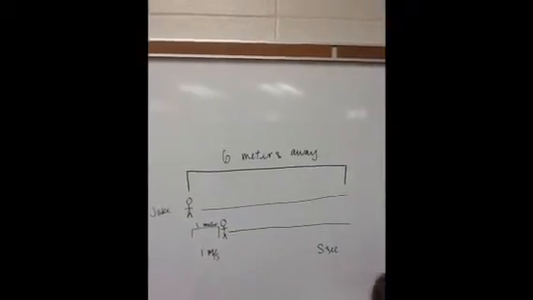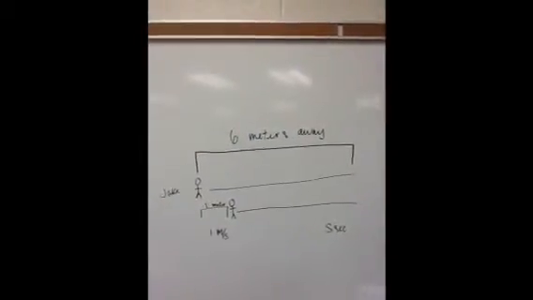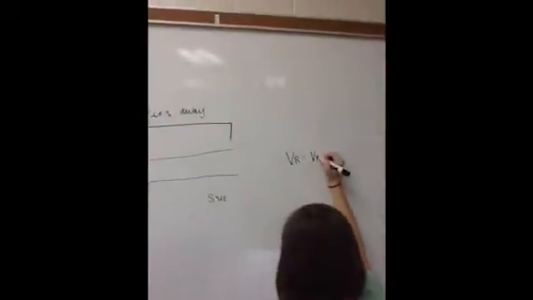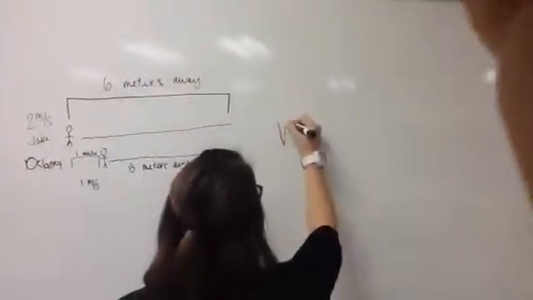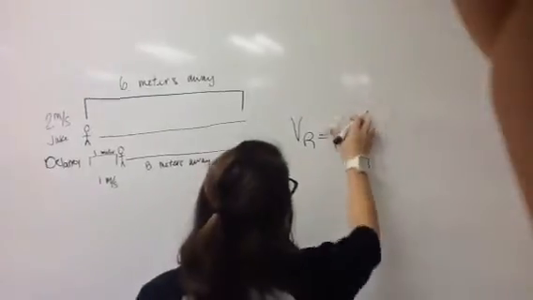The relative velocity of the two runners is found by subtracting the velocity of runner A, Jake, by the velocity of runner B, Delaney. This is shown by subtracting 1 meter per second from 2 meters per second to get 1 meter per second.